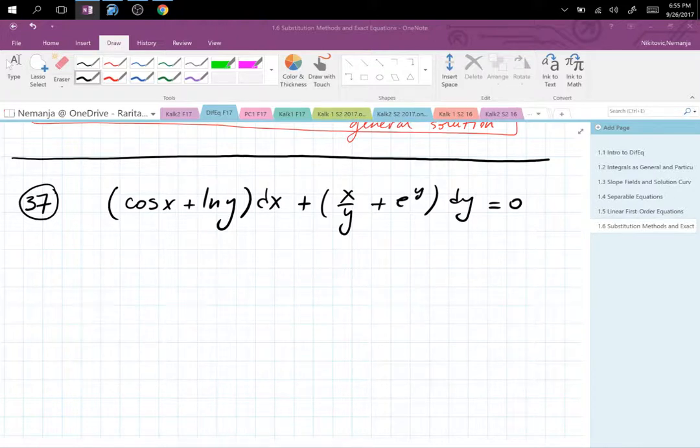What do you want to do? Partial derivative of first condition, see if they're equal. Okay, so ln y, the derivative of that is e to the y. Right?